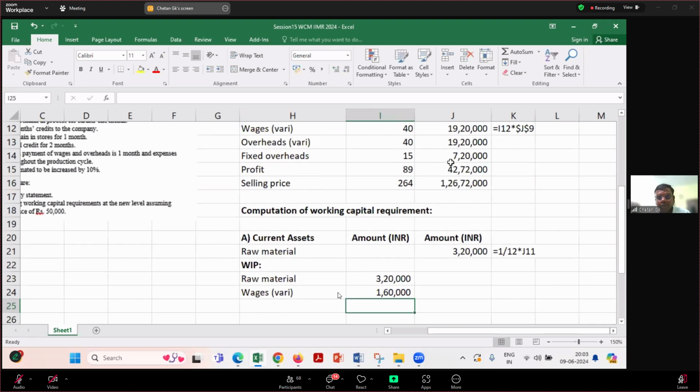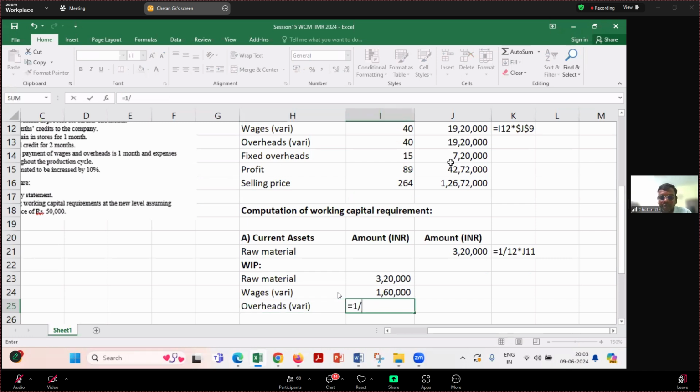So wages is also in work in progress. Just only material will not be there. Since everything else is attached to the materials, every other thing will be there in the work in progress. Next is overheads. How much is this?